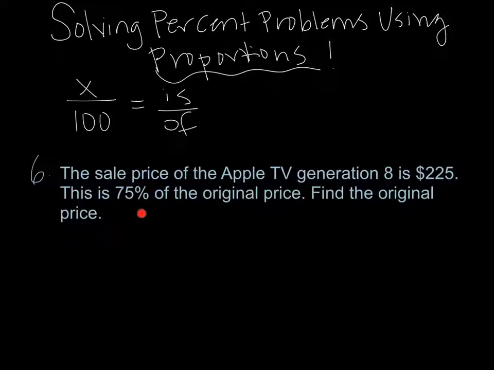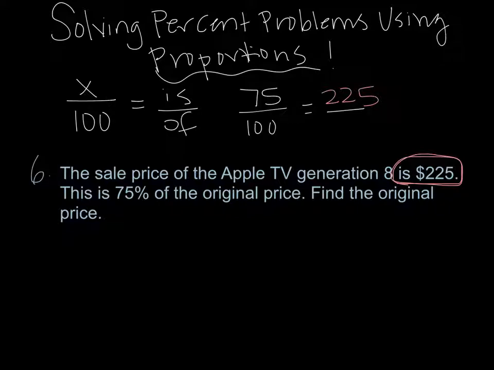Well, I know my percent, and that's always easy to pick out, so let's pick that out. 75 over 100 equals, I see the word is, do you? Okay, so 225 is our is. Of the original price. So we don't know it. That's what we're trying to find. So that's our n.